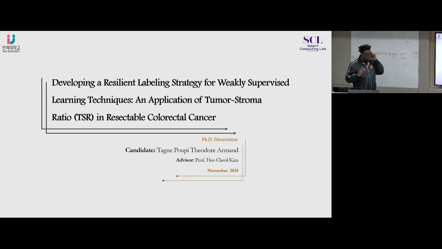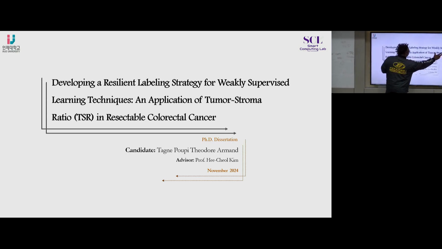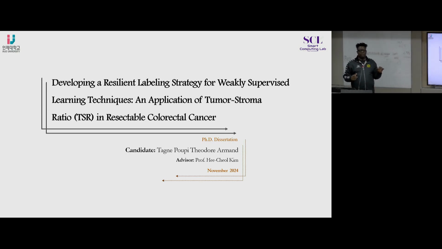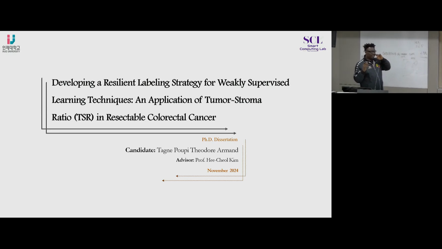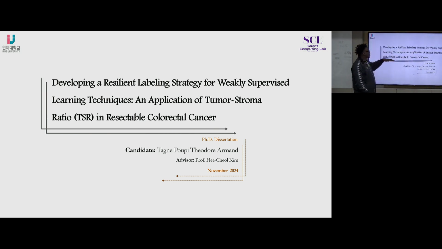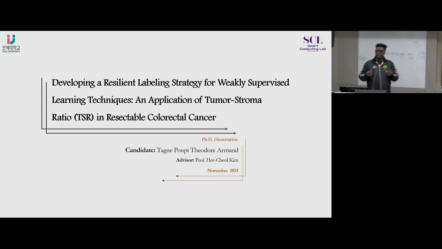In this case, I try to use only the Tumor-Stroma Ratio in colon cancer. Resectable colon cancer means a cancer that can be diagnosed and then treated by a surgical operation, for example. The tumor is what can make somebody die, and the stroma is like the flesh, the normal part.